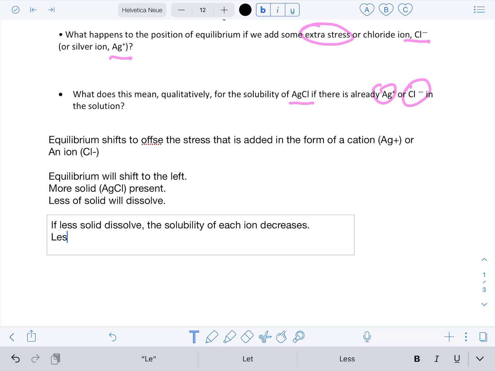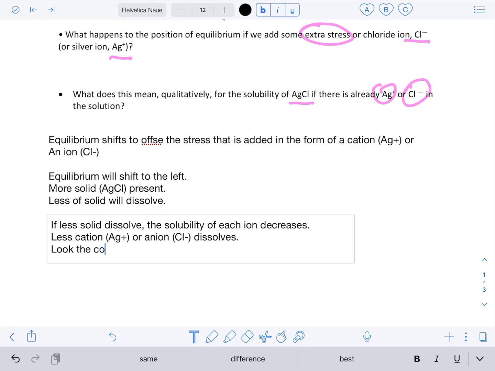So that means less cation or anion dissolves. And in this section, you're going to look for the common ion. So you're going to see, is there a cation that is shared with the solid that's trying to be dissolved, or is it the anion?